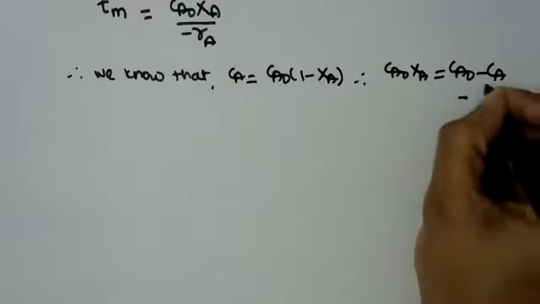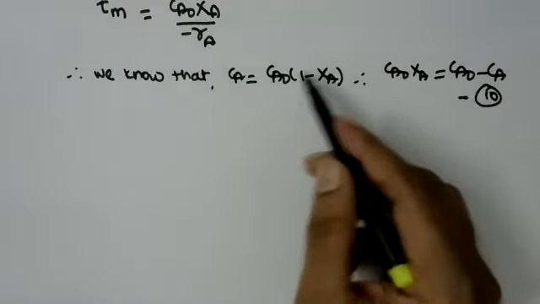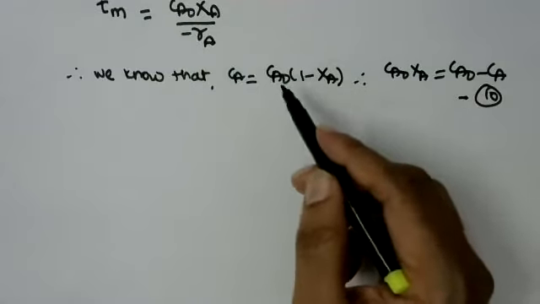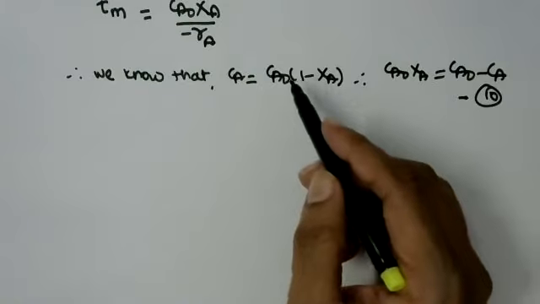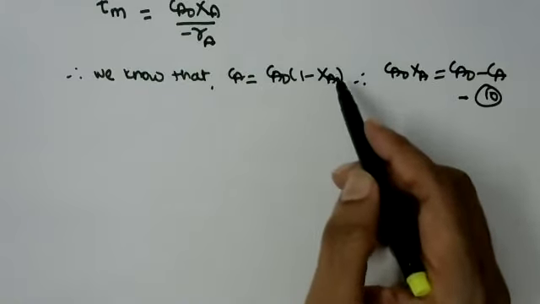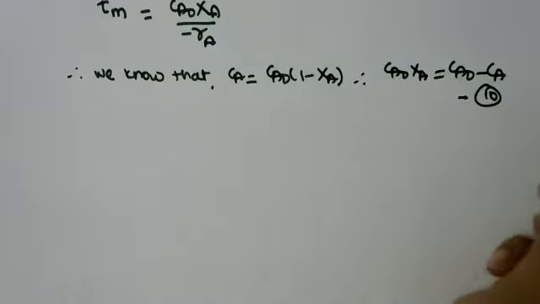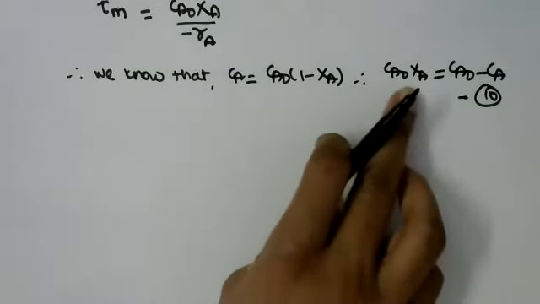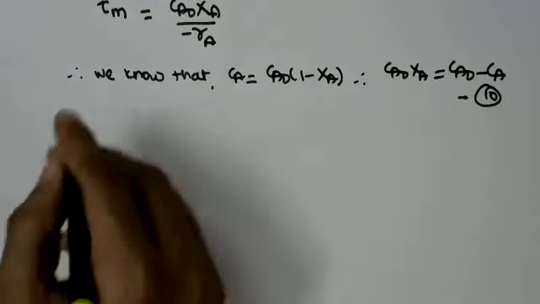So this is equation 10. Now, if you simplify, you get Ca equals Ca0 as it is minus Ca0 Xa. This minus can be taken to this side and this Ca can be shifted to the RHS, and accordingly you will get this equation. So now in the above equation, you can substitute Ca0 Xa as Ca0 minus Ca.